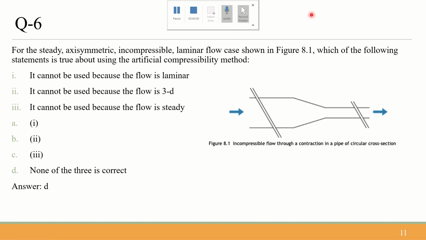In question 6, it is asked that for the steady axisymmetric incompressible laminar flow case shown in figure 8.1, which of the following statements is true about the artificial compressibility method? I hope by now you know there are four methods explained in the lecture for solution of Navier-Stokes equations for incompressible fluid flow problems.